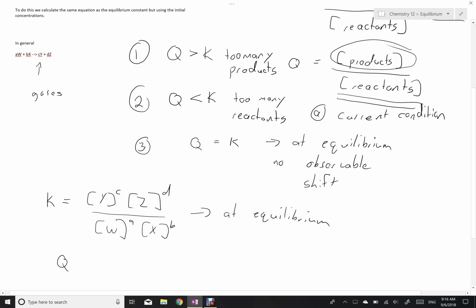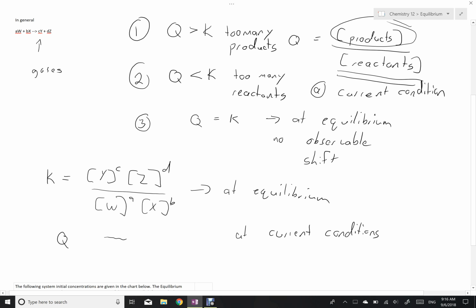Q does the exact same thing, but at current conditions. So basically, you're comparing your current conditions to the conditions you expect at equilibrium to see if you have too many products or too many reactants.